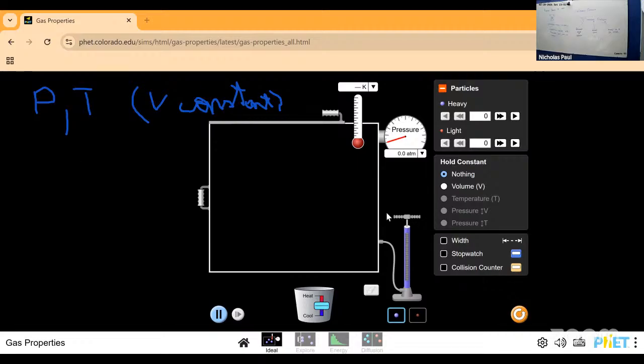Vinaya, here's what we're doing. We're keeping volume constant. How do you think pressure and temperature are related if we keep volume constant?